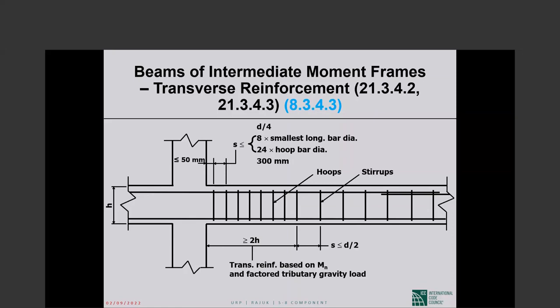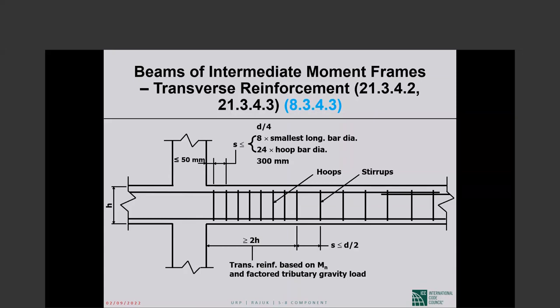That was changed. So for quite some time now, we require hoops within the potential plastic hinge region of intermediate moment frame beams as well.